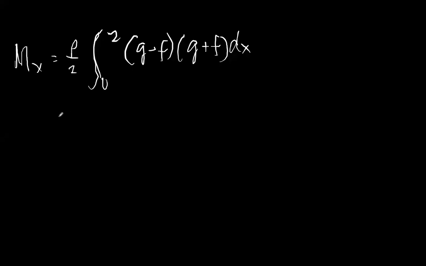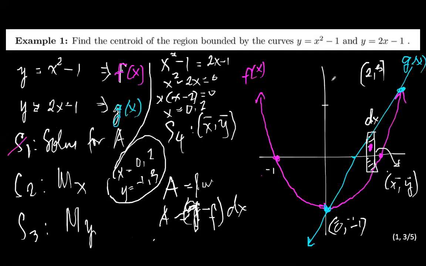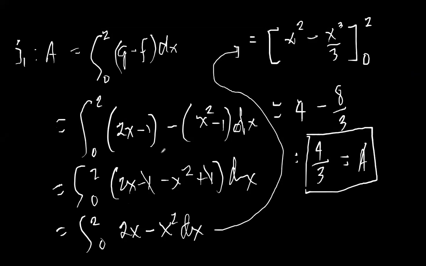Okay, and let's now substitute the values of the functions g and f. So rho over 2 from 0 to 2, and what is g? Our g is the line, which is 2x minus 1.